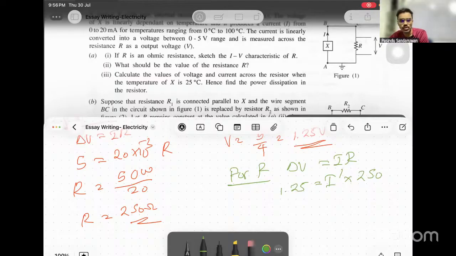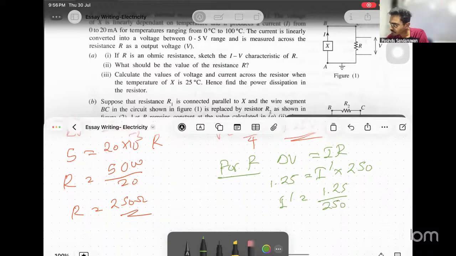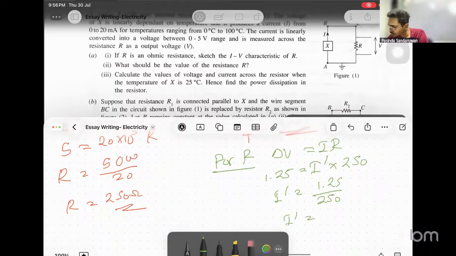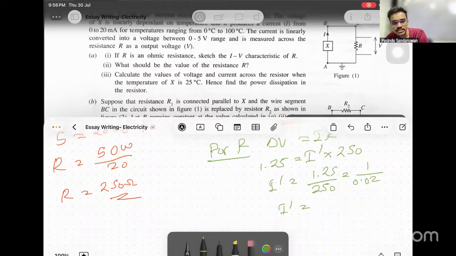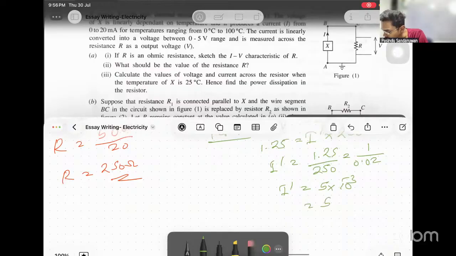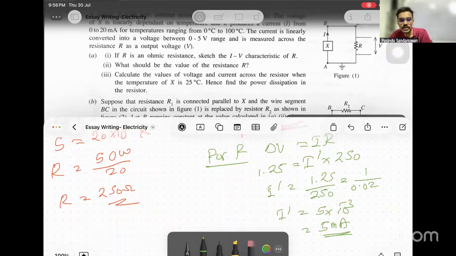Then I dash equals 1.25 over 250, which is 0.005, that is 5 times 10 to the power minus 3. So the current is 5 milliamperes.